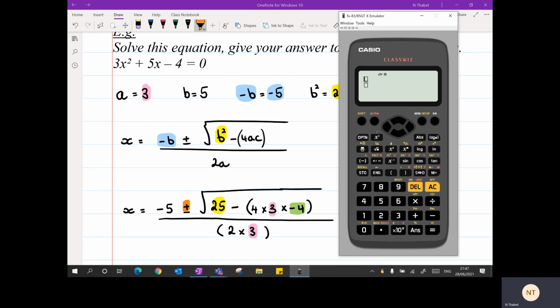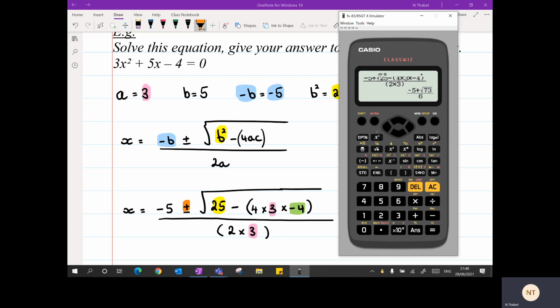I type the fraction first, and I start with the numerator, -5 plus square root 25 minus brackets 4 times 3 times -4, close brackets. If you open brackets, you have to close the brackets. I go to the bottom, I open my brackets, 2 times 3, close my brackets, equal.